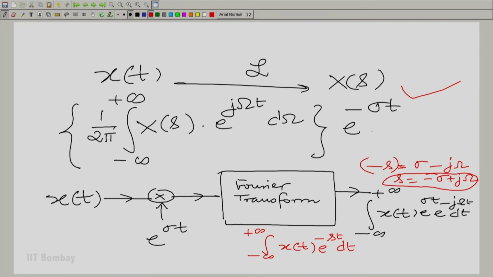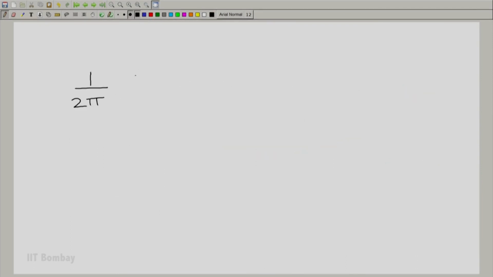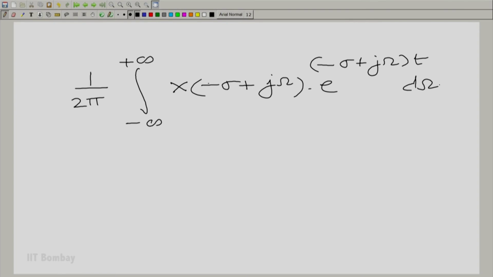Now, if you look at it carefully, this integral is with respect to omega. So, this is essentially a product with a function dependent only on t, it can be taken right inside. So, you can push this inside. This is what we get, and this is identified all as S. This is S and this is also S.